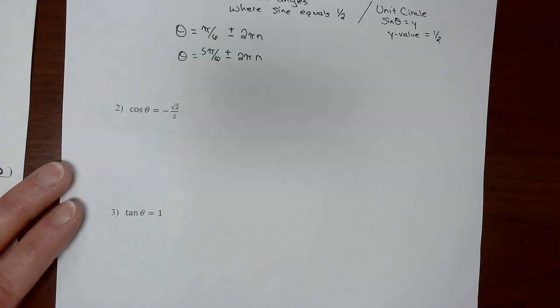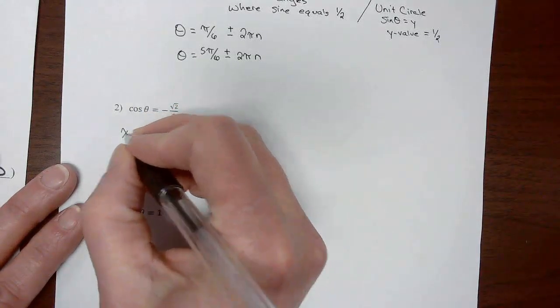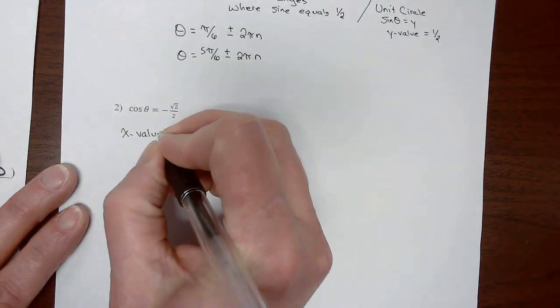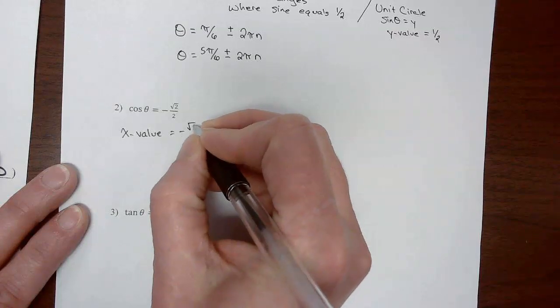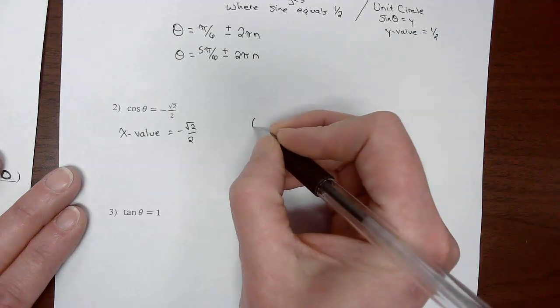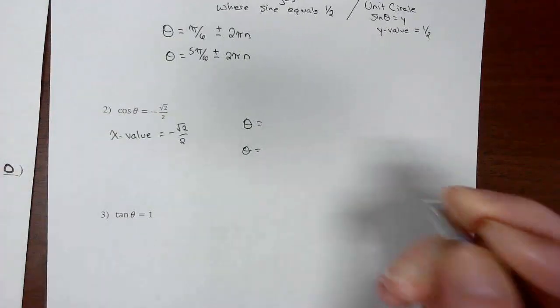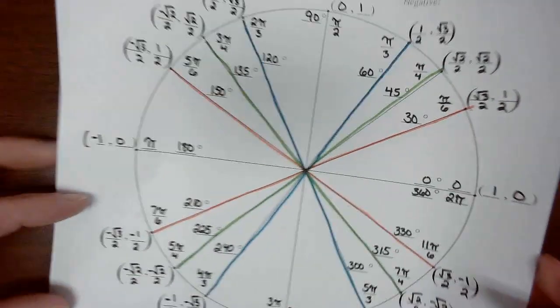Now let's look at cosine. Cosine is negative square root of 2 over 2. Okay, so cosine was the x value. So we're looking for when the x value is negative square root of 2 over 2. So I suggest starting with your unit circle, and we're looking for the places that have an x value of negative square root of 2 over 2.